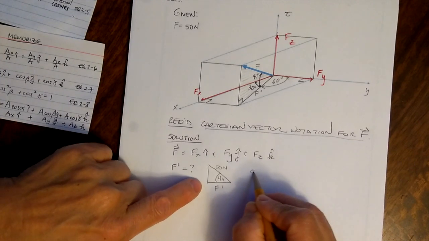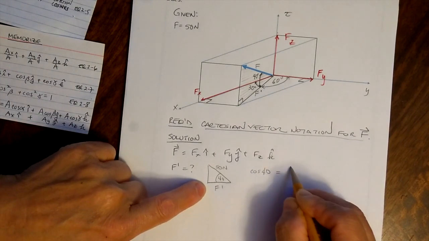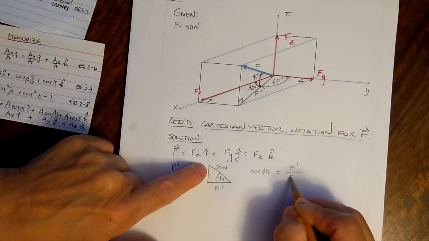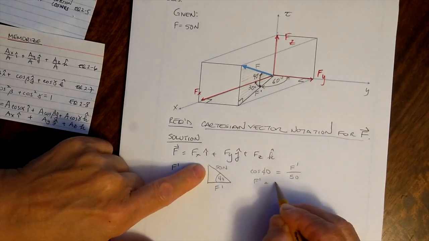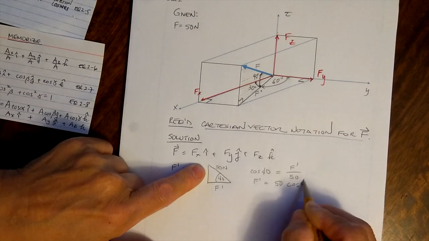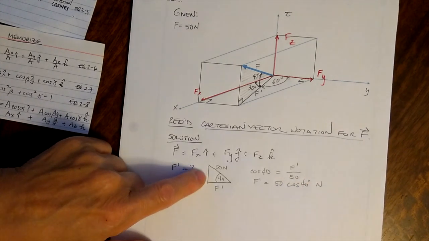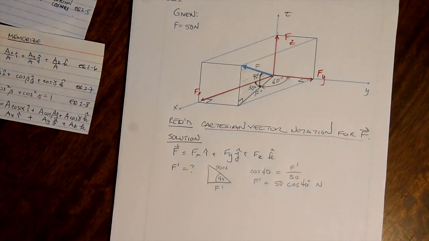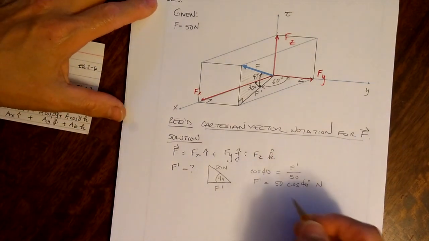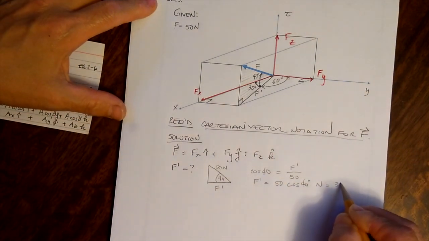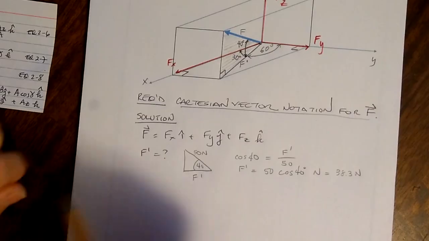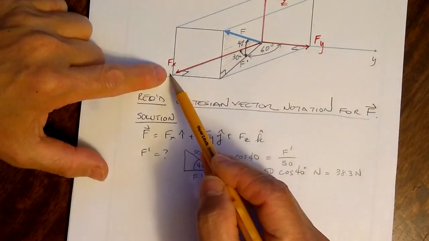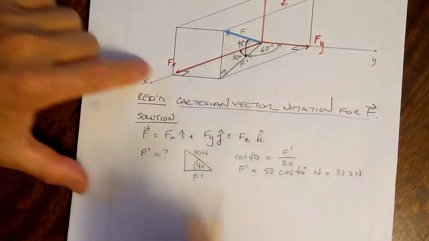Therefore, cosine of 40 is equal to adjacent over hypotenuse. Therefore, F prime is equal to 50 times cosine of 40 degrees newtons. And that would give me a value of 38.3 newtons.